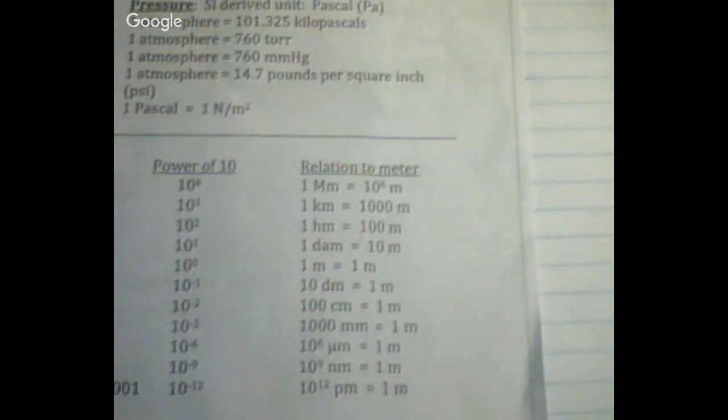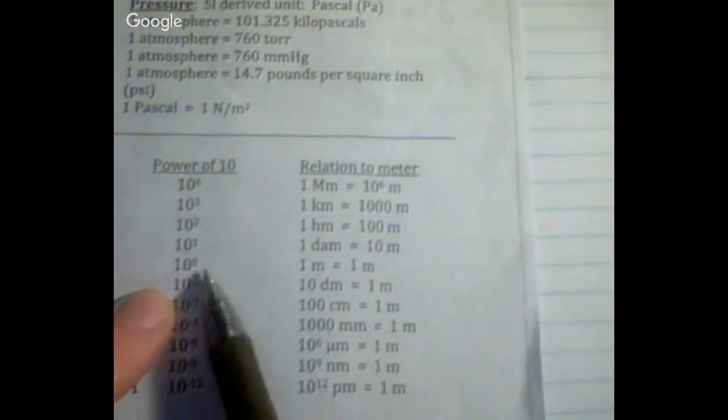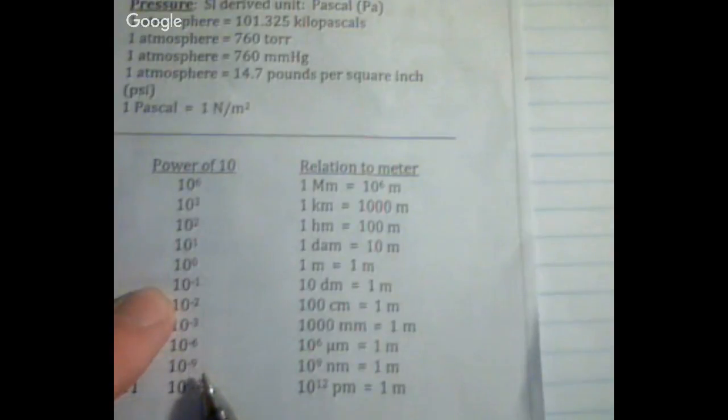Essentially, if you guys want me to go through this conversion, let me know in the chat. I'll try to pay attention to see if you say that. But essentially, nano is times 10 to the negative 9th, and base unit is times 10 to the 0. So what I teach is you take the difference of those powers, which would be 9.